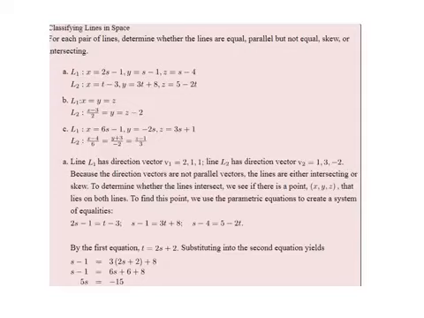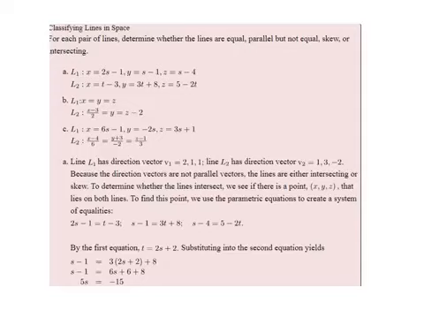Since L1 has direction vector v1 equal to (2, 1, 1), writing L1 in symmetric form we have (x plus 1) over 2 equals (y plus 1) over 1 equals (z plus 4) over 1, which equals the parameter s. So the direction vector of L1 is v1 equal to (2, 1, 1).